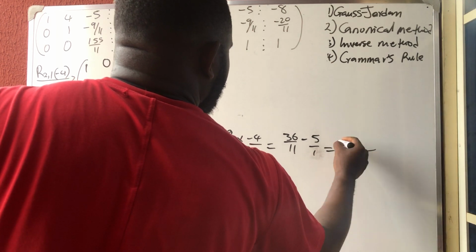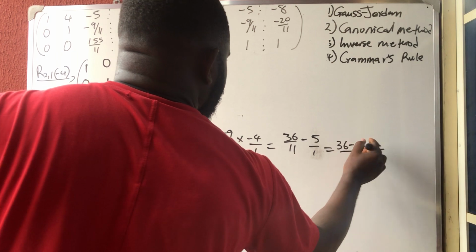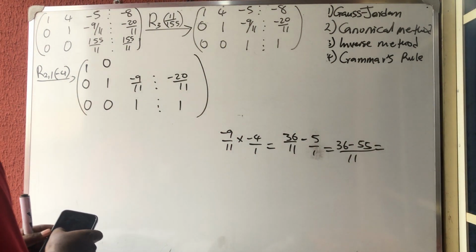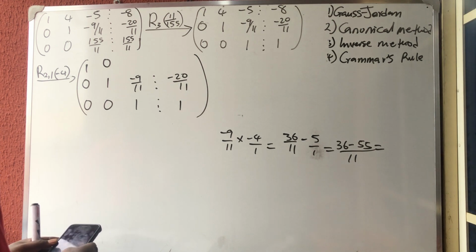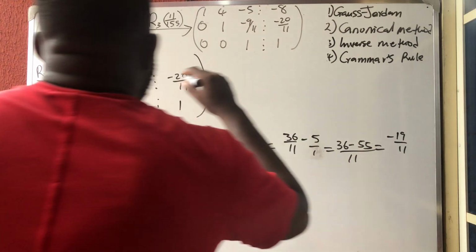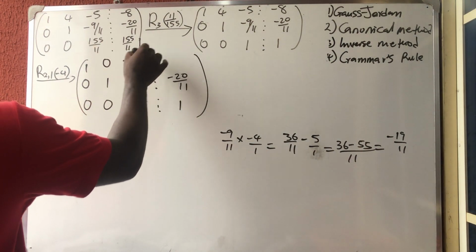So the LCM is 11. So 36 minus 55 gives me minus 19. So I'm having minus 19 over 11.